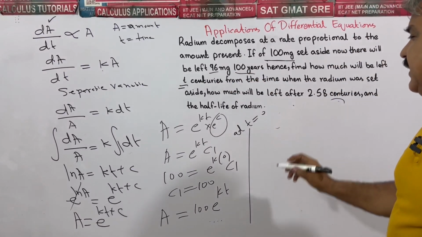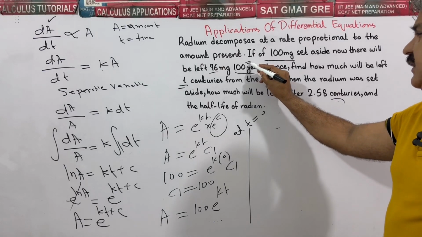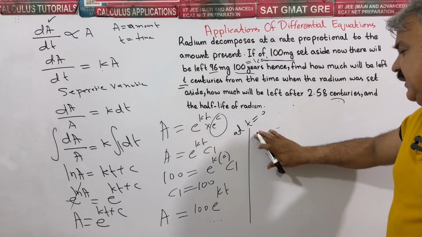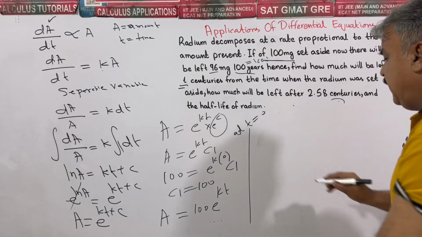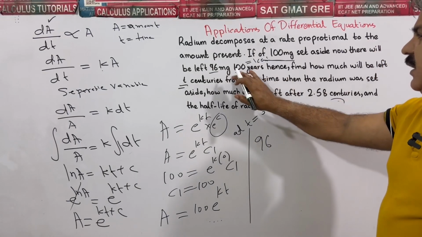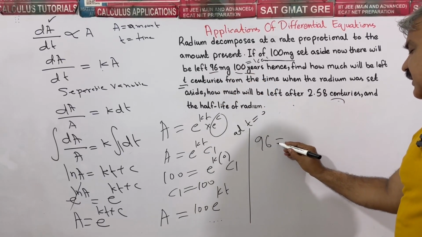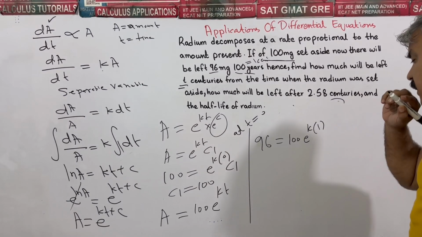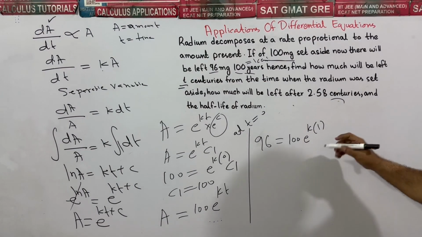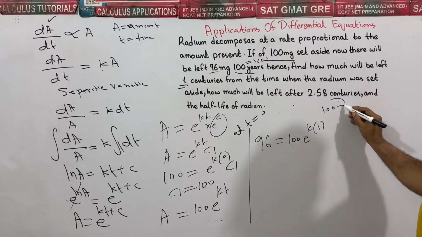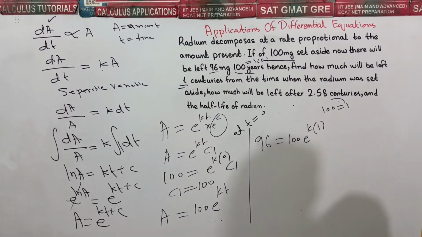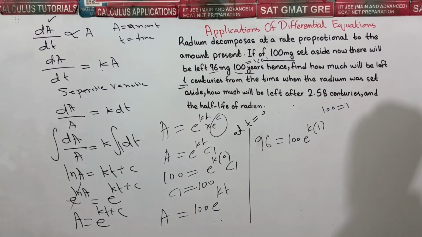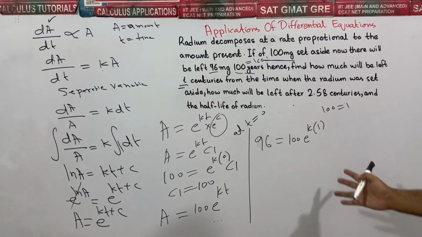After 100 years means 1 century, so A is equal to 96 milligrams left after a century: 100 e raised to k times 1. We have taken 1 century as the unit because in the case of half-lives, the duration is big enough.